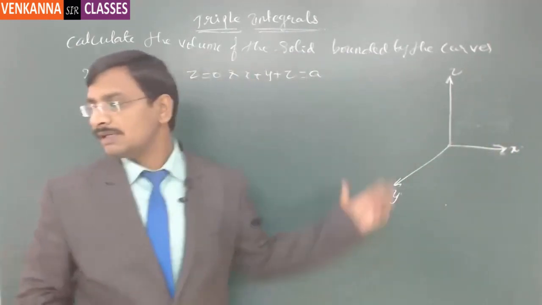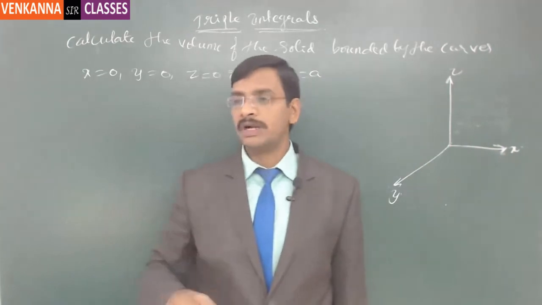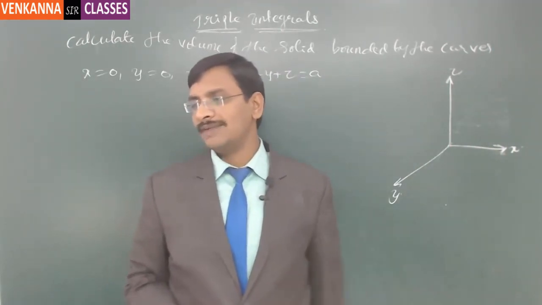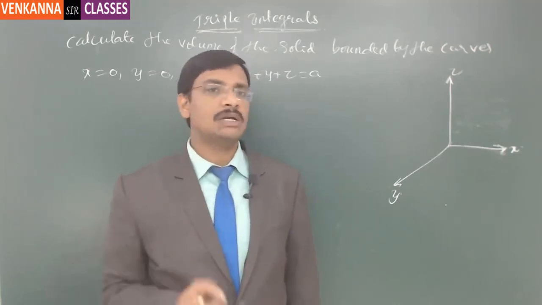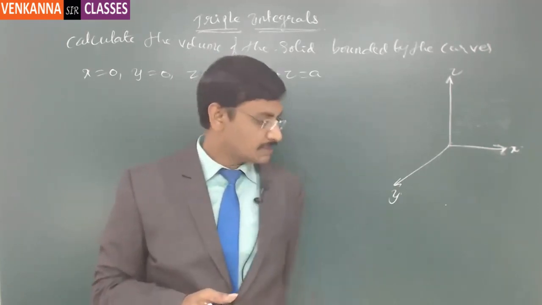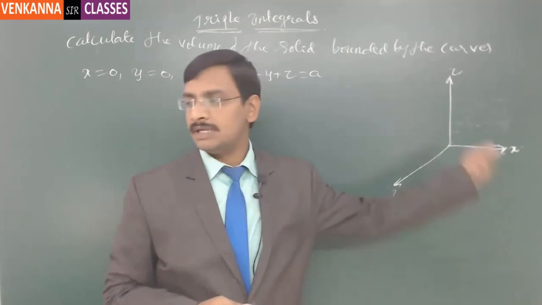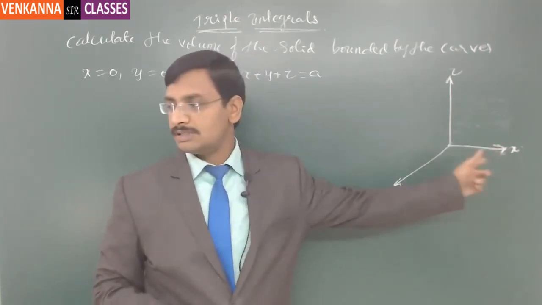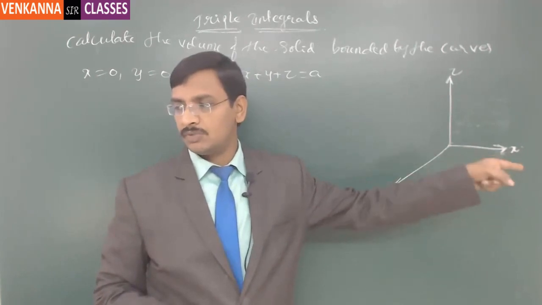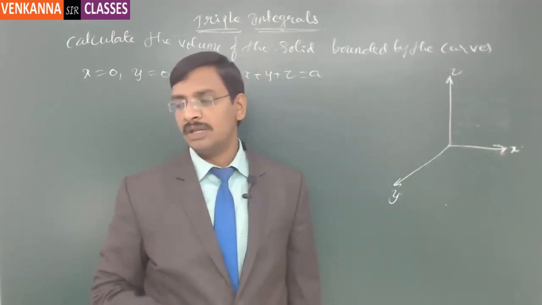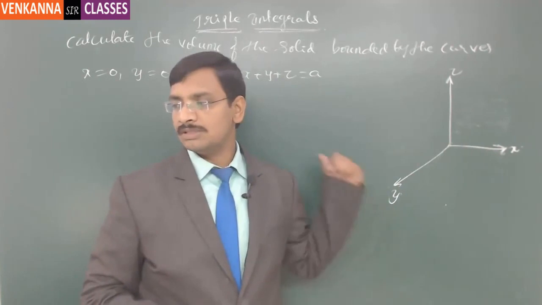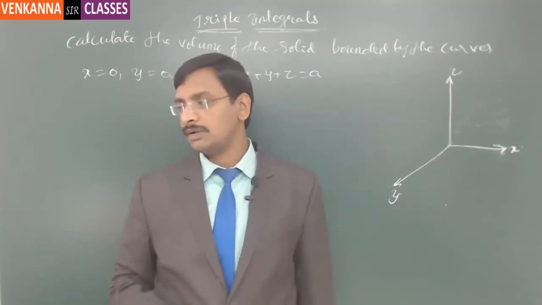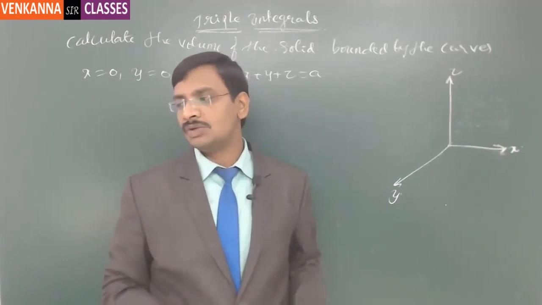Rather than imagining on the blackboard, try to imagine in the room, wherein one of the bottom corners, let us say the left bottom corner, is the XYZ origin. Then this is the x-axis, that is the y-axis, and this is the z-axis. Now x is equal to 0 plane means the other wall, right? So that wall is the x is equal to 0 plane. Now y is equal to 0 plane means this wall, and z is equal to 0 plane means the ground where I am standing.